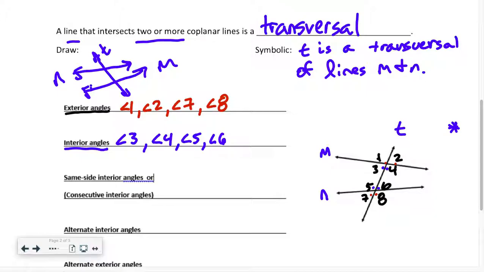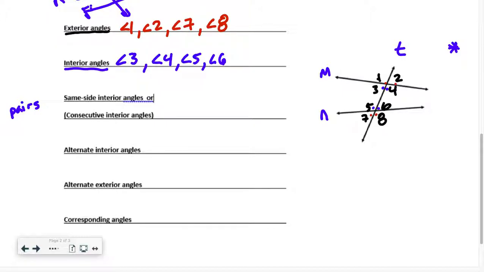All right. Consecutive interior angles, or same side interior angles. The rest of these are going to be pairs of angles that we discuss. So same side interior, alternate interior, all of these are going to be pairs of angles. And the first pair we're going to talk about are same side interior angles, or consecutive interior angles. And this just means that they are on the same side of T, the transversal.